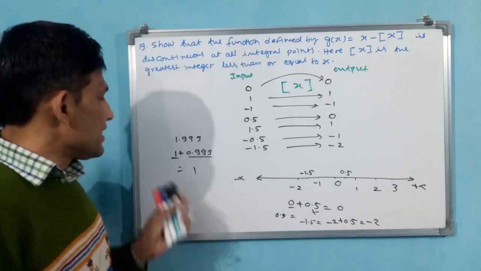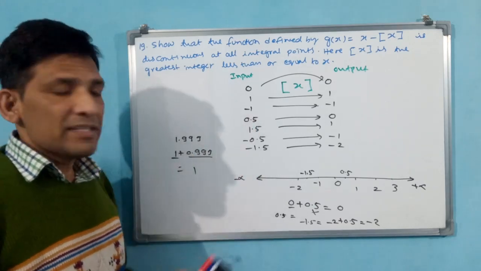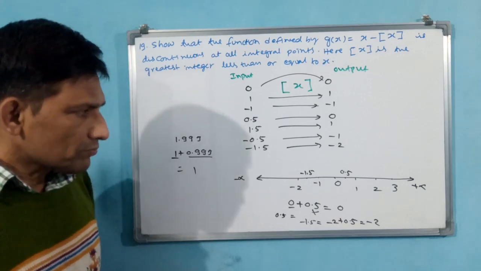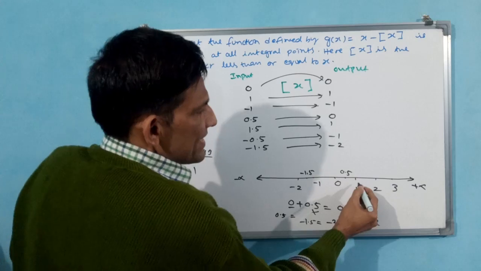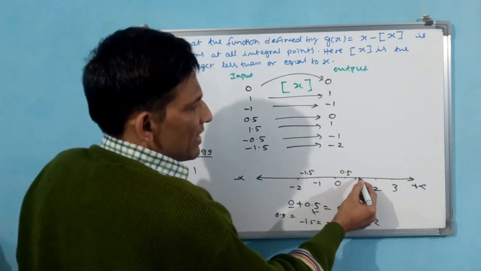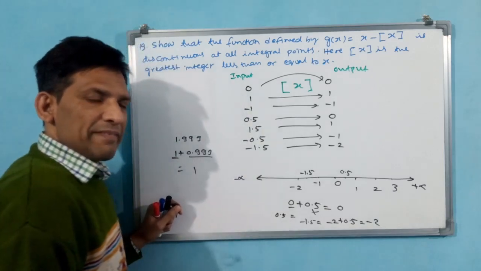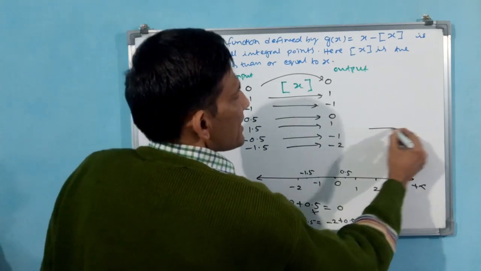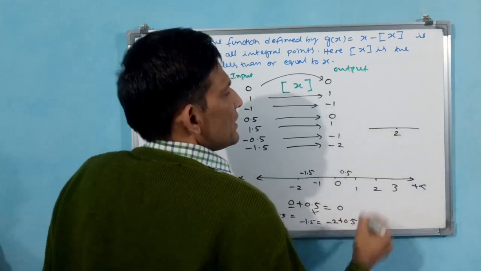Now you tell me, the right hand limit and left hand limit, are they going to agree? No. Why? Slightly less than 1 means 0 will come. Slightly greater than 1, 1 will come. Take 2 as an example.